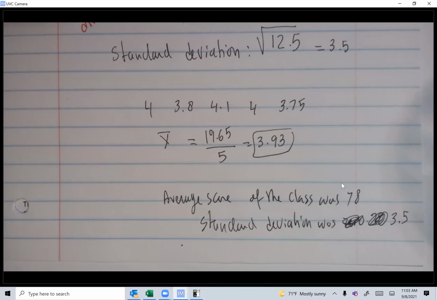Some students scored a little bit higher, more than 78. Some students scored a little bit less, but it's not a disaster like with a standard deviation of 20, meaning that many students failed the test. So this is how you can use the standard deviation, guys, to make a conclusion about a data set.